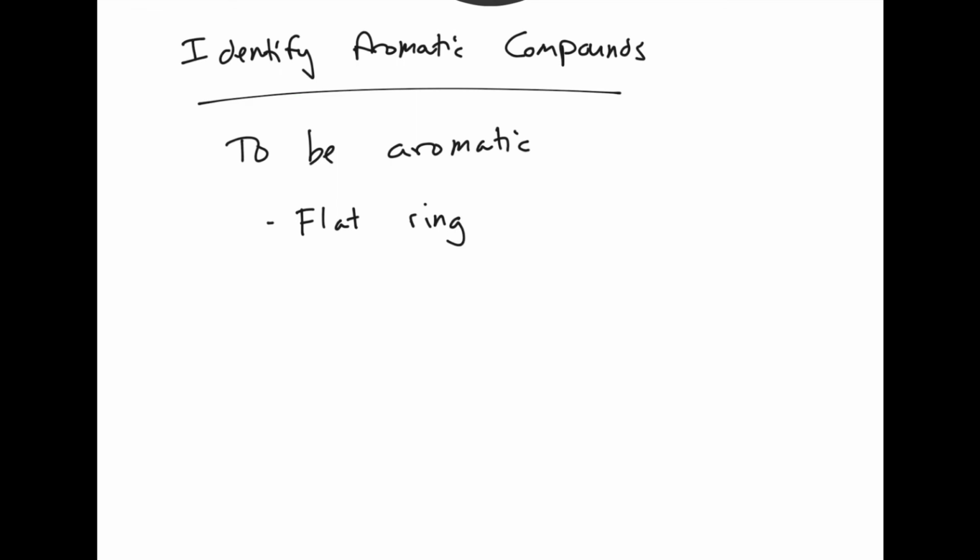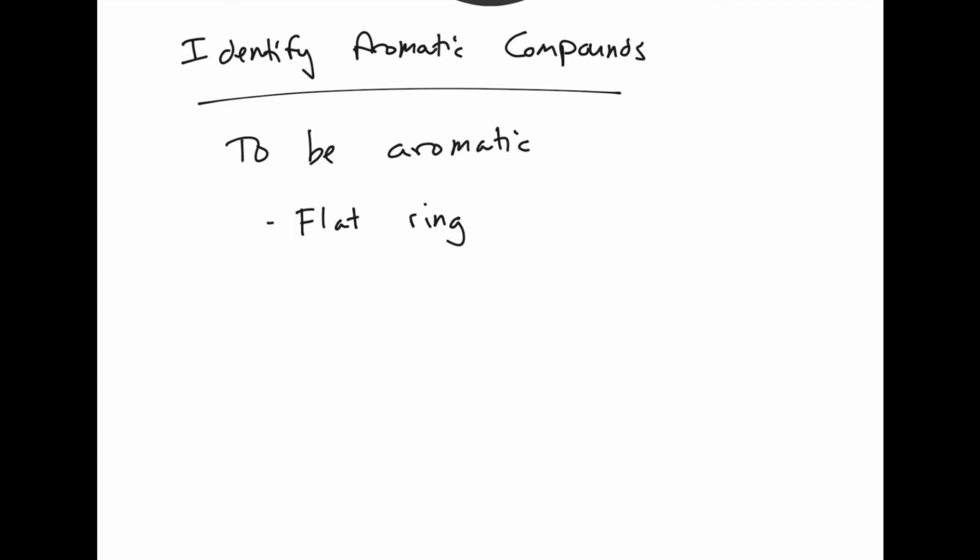So basically, everything I draw, if I'm asking you, hey, is this compound aromatic or not? You're just going to assume the thing that I drew is a flat ring. I'll show you the quintessential example of why I do this in a bit. But you're just going to assume, hey, this is a flat ring.